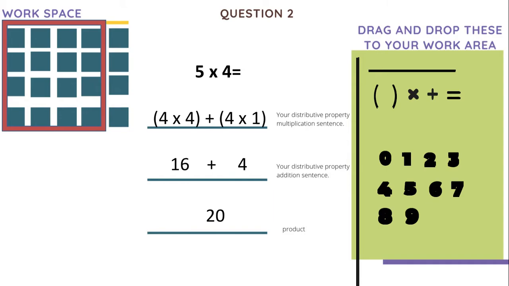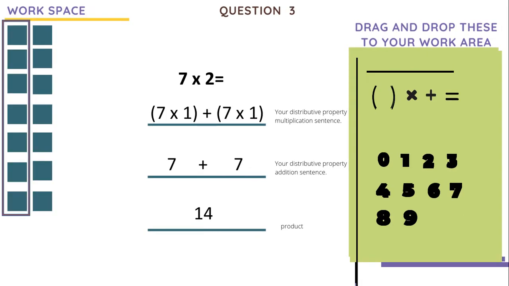When you do 4 times 1, you get 4. When you add these numbers together, you get the product of 20. Here we see we have 4 squares in the rows and 4 columns. Here we have 1 column and each one has 4 squares.